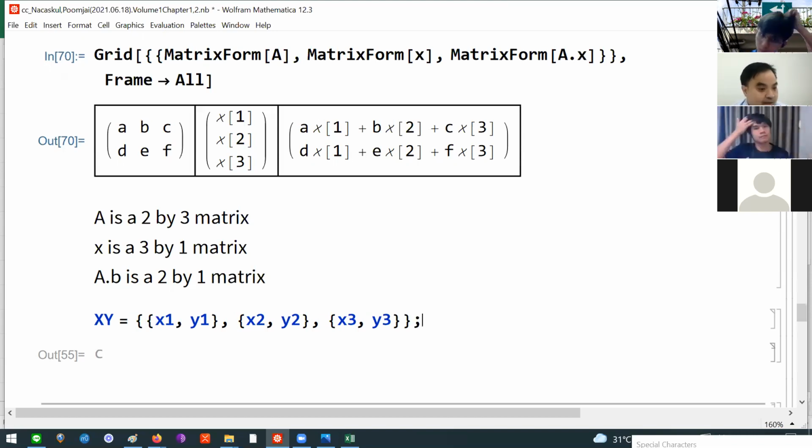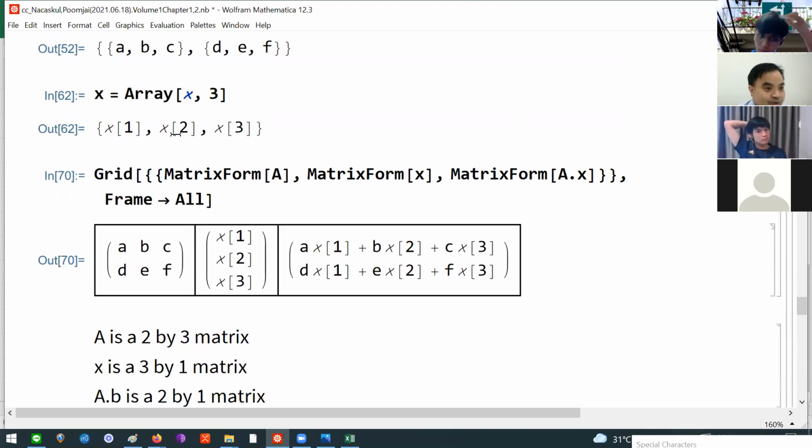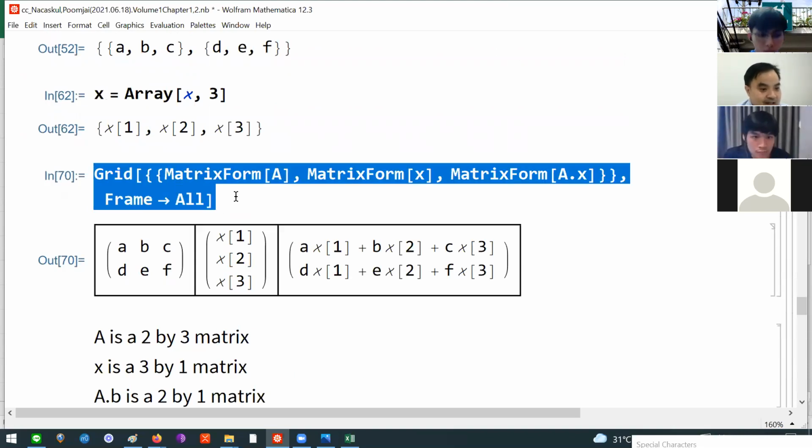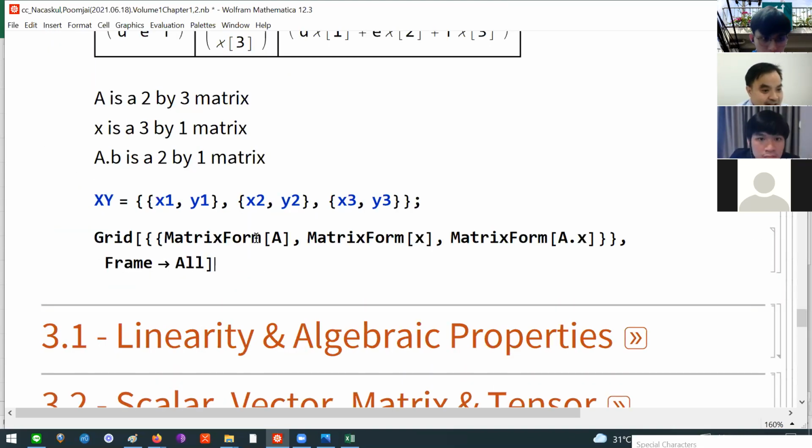I'm just making stuff up. And now I'm going to do this, but now instead of A times X, I'm going to use the XY array. Yeah, let's call it that.